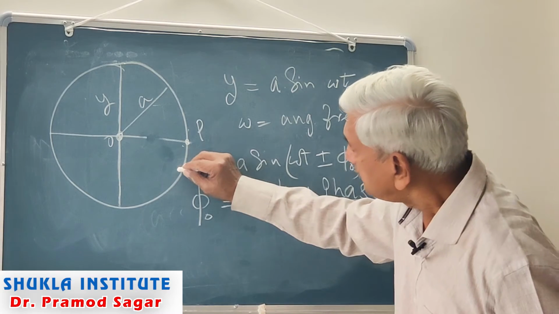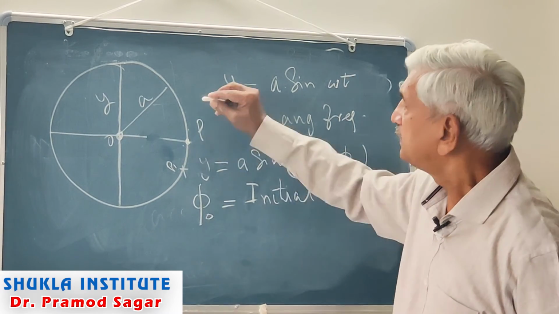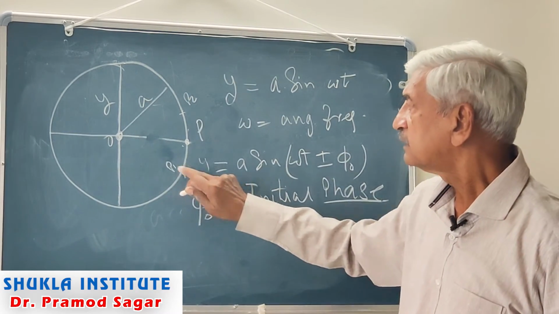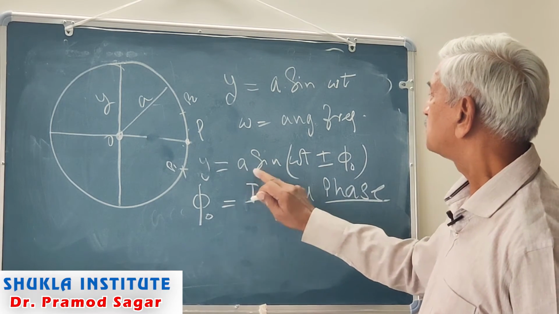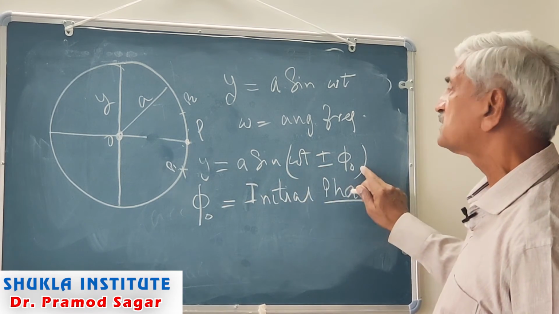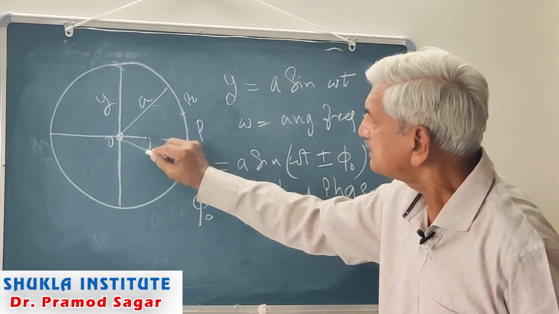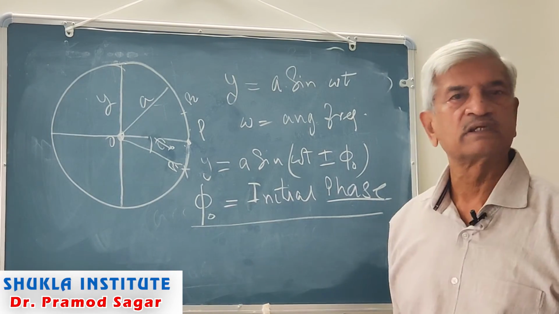However, the initial position of the particle could be here. If it is here, that means it is already on the downward direction, and the equation would be y is equal to a sine omega t minus phi naught, and this phi naught is called the initial phase.